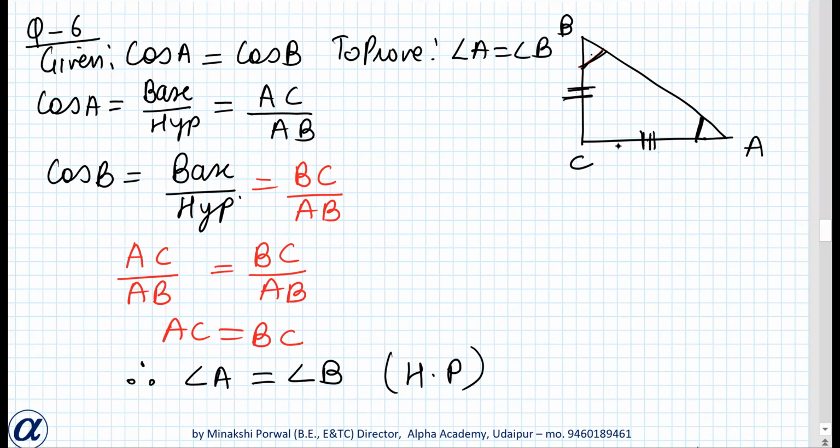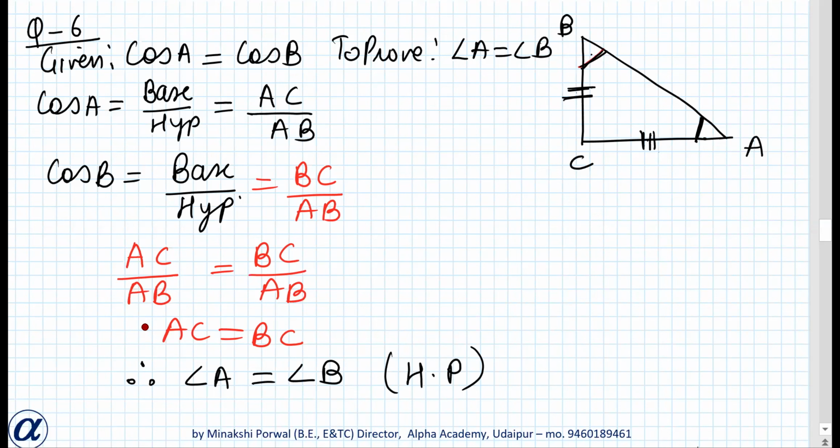First of all, we'll make a triangle ABC. If I represent this angle as A, cos A can be written as AC upon AB. Cos B can be written as BC upon AB. It is given that cos A equals cos B. So instead of cos A, I'll substitute AC upon AB, and instead of cos B, I'll substitute BC upon AB.